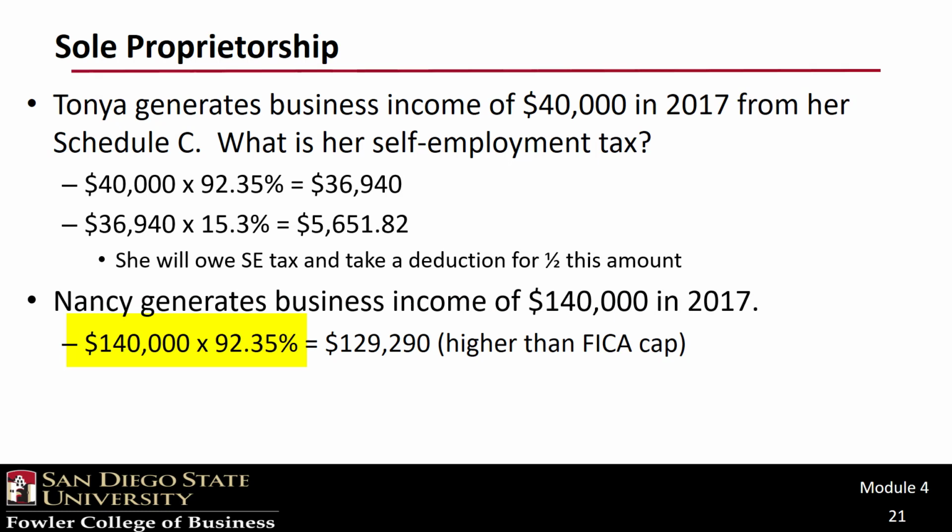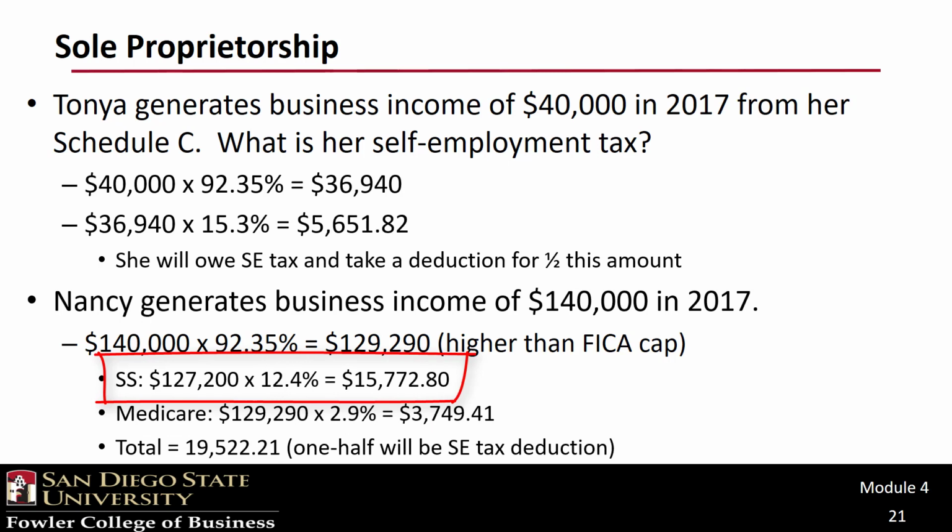Nancy, with higher income, is also eligible for the 7.65% haircut, but her business income exceeds the FICA cap, so her Social Security tax is only up to the $127,200. Her Medicare tax is on the full amount, and of course, she's also eligible for the 1/2 deduction.